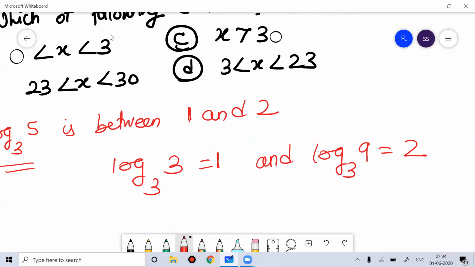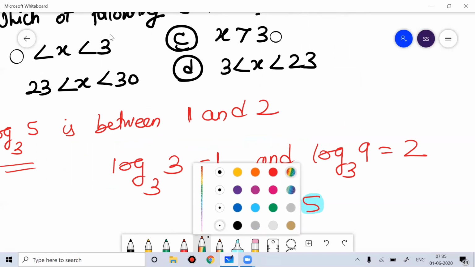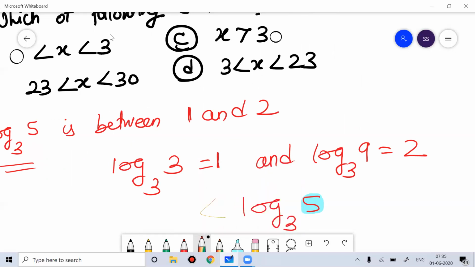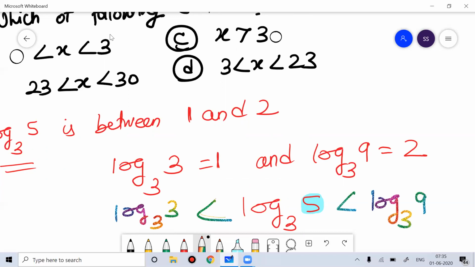Very clear. But if I'm asking you log base 3 5, now the 5 is between 3 and 9. So log base 3 5 is bigger than log base 3 3, and lesser than log base 3 9.